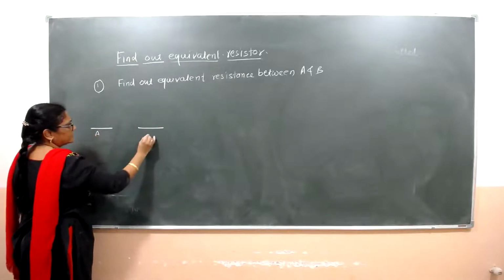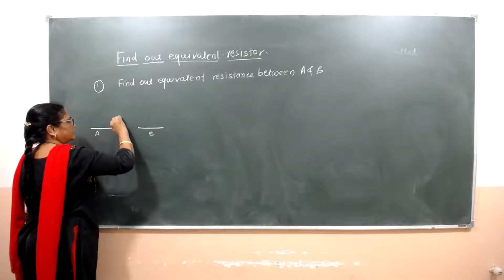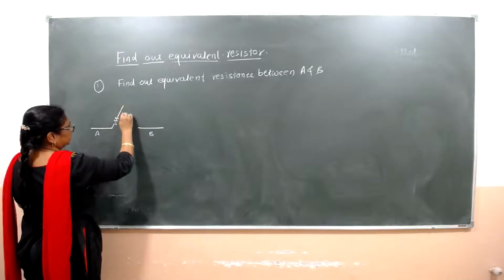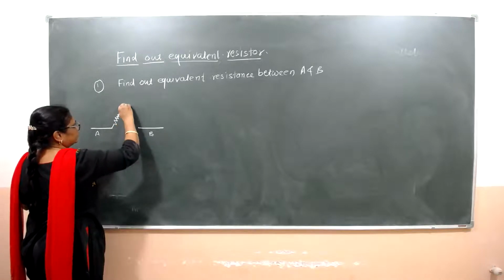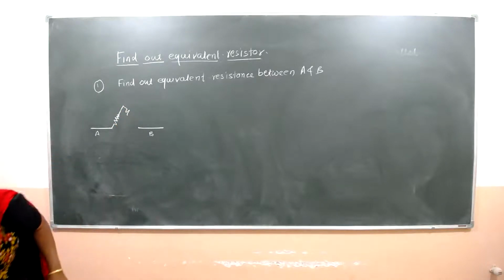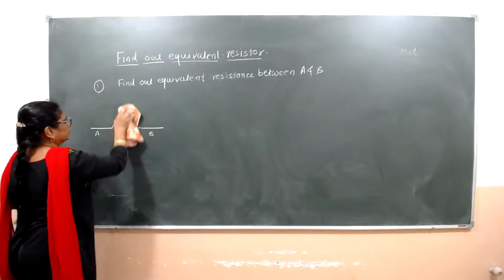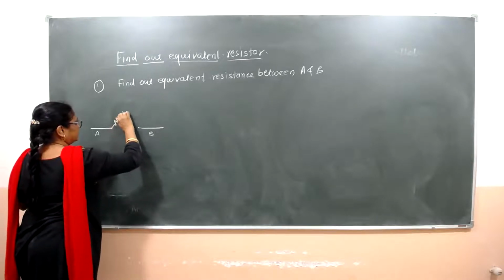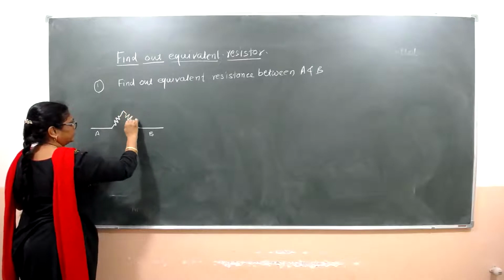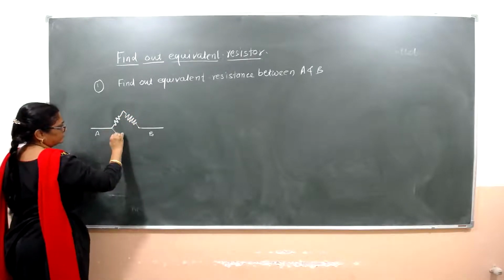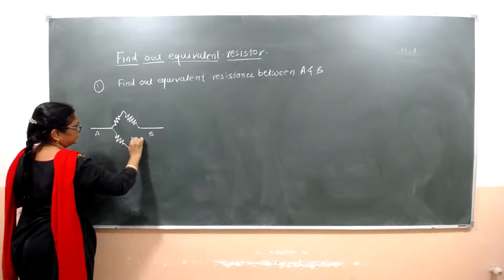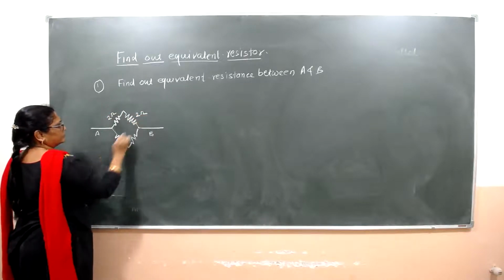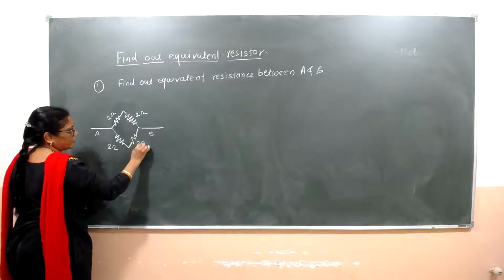Suppose this terminal is A, and this terminal is B. The unit of resistance is ohm.